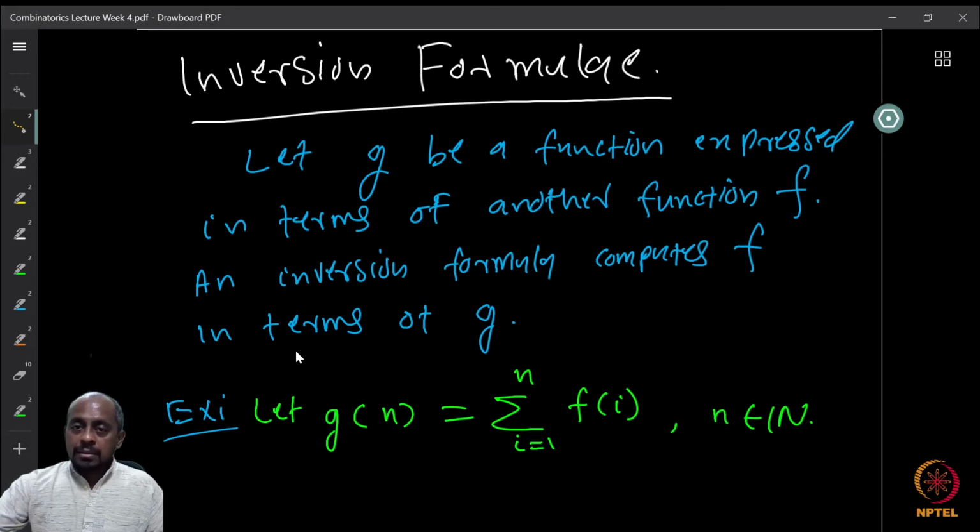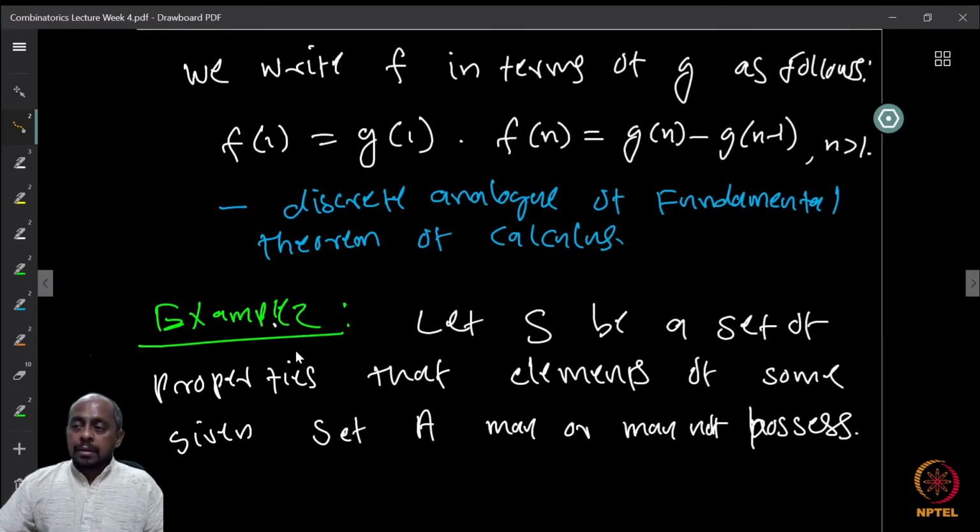So, this is something you must be pretty convinced that you can find very easily. Think about it for a minute, and you can see that we can write f in terms of g as follows. So, f of 1 is g of 1, of course.